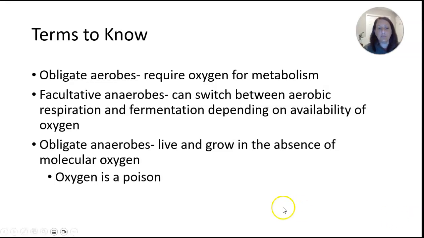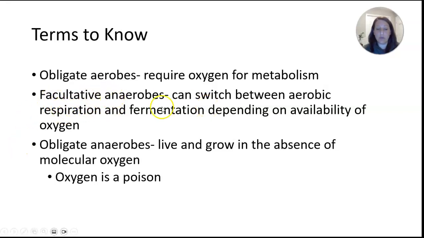And so obligate aerobes, that's organisms like us. We require oxygen for metabolism. Yeah, we have some cells that can do fermentation, but overall, most of the cells in our body do aerobic cellular respiration.